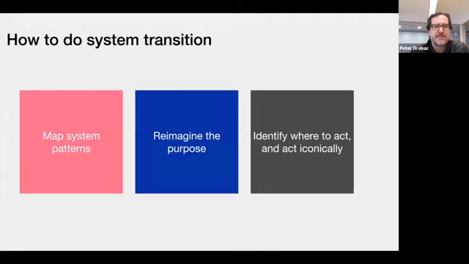So how can we frame it differently, maybe in a more aspirational way, that shifts some of the underlying dynamics of the system, might allow us to actually come together and work towards a different outcome and a different purpose. And then finally, from there, using your identification of these potential leverage points, having been able to reframe a more aspirational purpose for the system, you can identify where those leverage points are and where small action can make a really big difference.